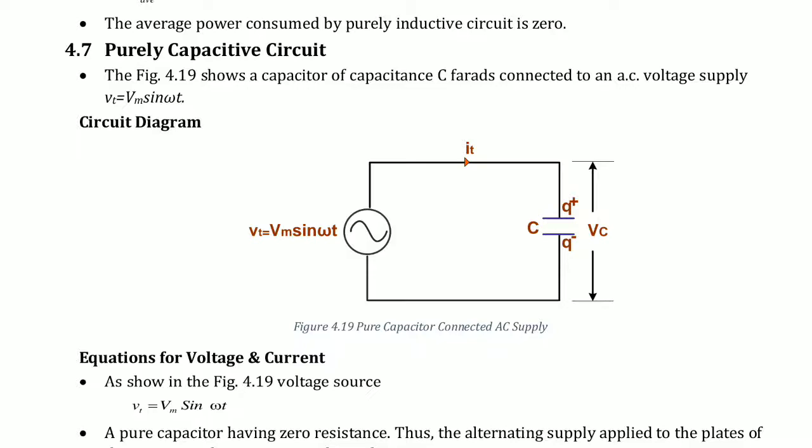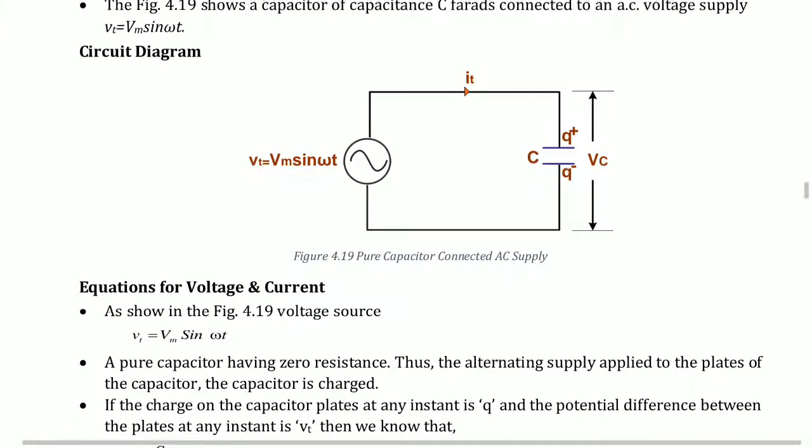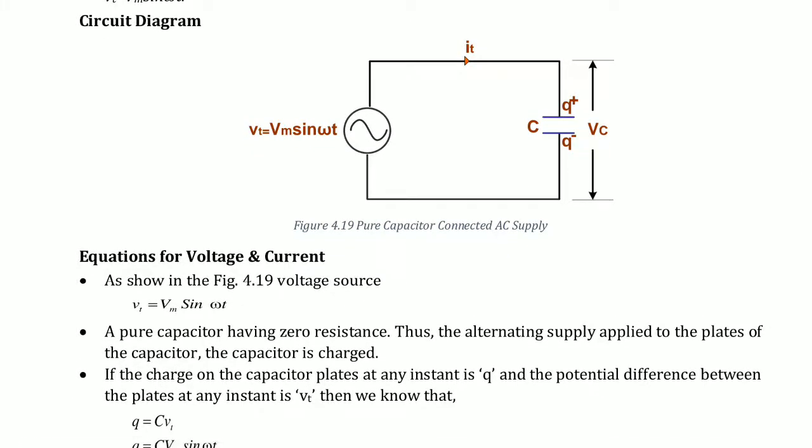As shown in the figure, V is equal to Vm sin omega t. Here it is a pure capacitor, having zero resistance. So the alternating supply charges the plates of the capacitor.